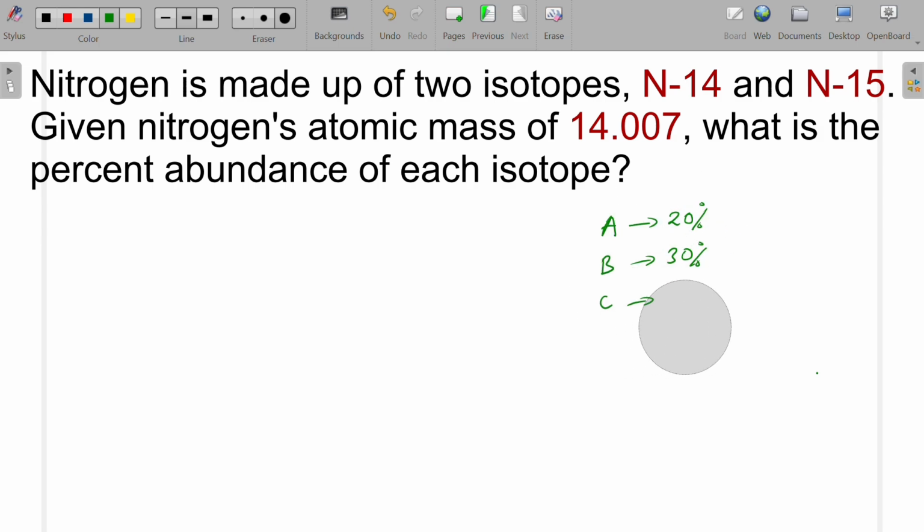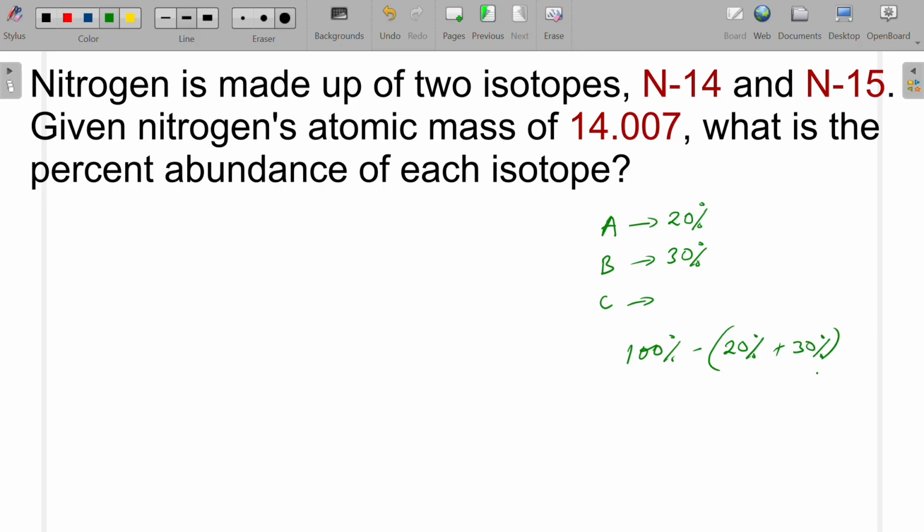What we can do to get the percentage of isotope C is basically subtract the sum of those two isotopes from 100%. So we have 100% minus 20% added to 30%.